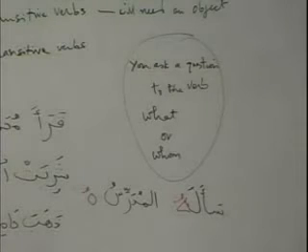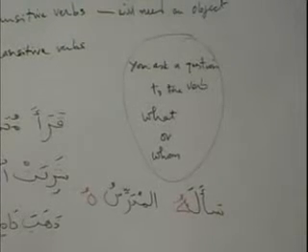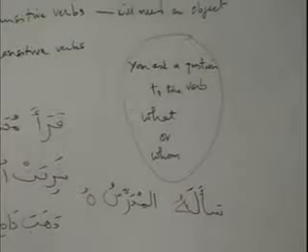If you say sa'alahu al-mudarrisu, what is the translation? The teacher asked him. Now we start our 14 pronouns. Sa'alahuma al-mudarrisu. What's the translation? The teacher asked two of them. Sa'alahum al-mudarrisu.